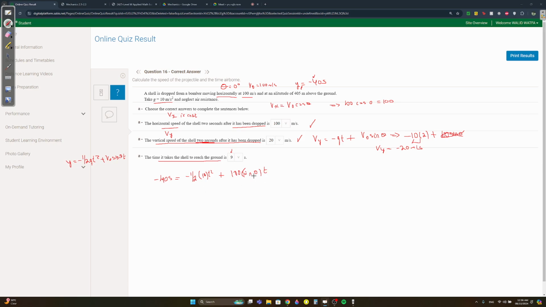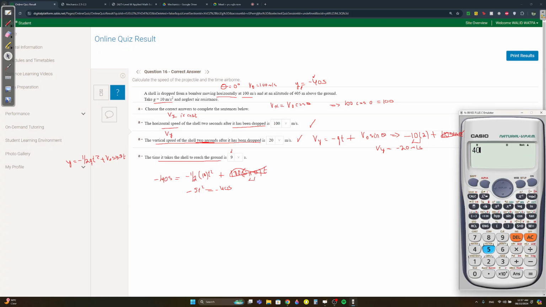We know this cancels, because sine 0 is 0. So you're going to get minus 5t squared equals minus 405, and then you should be able to solve this. 405 divided by 5, because they're both negative, so it doesn't matter. Then square root of 81, again 9 seconds.